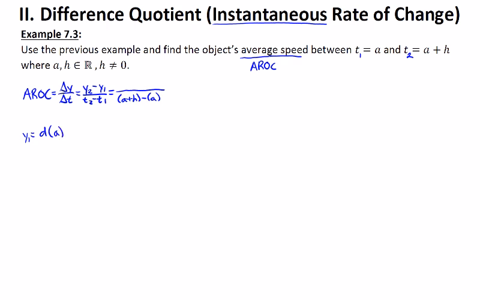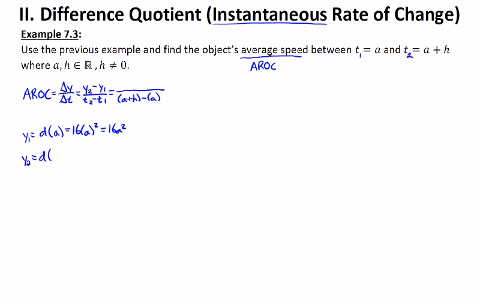So I take the time 1 value, which is a, substitute it into d, and I'm going to end up with 16 a squared, which is just the same as saying 16a squared. So really nothing to do there in terms of simplifying, since I don't actually know the value of a. It's an unknown.